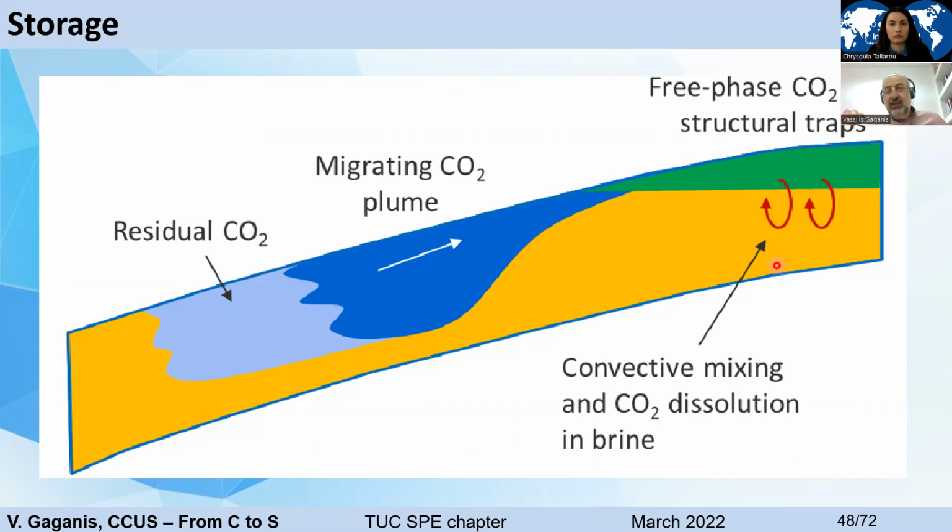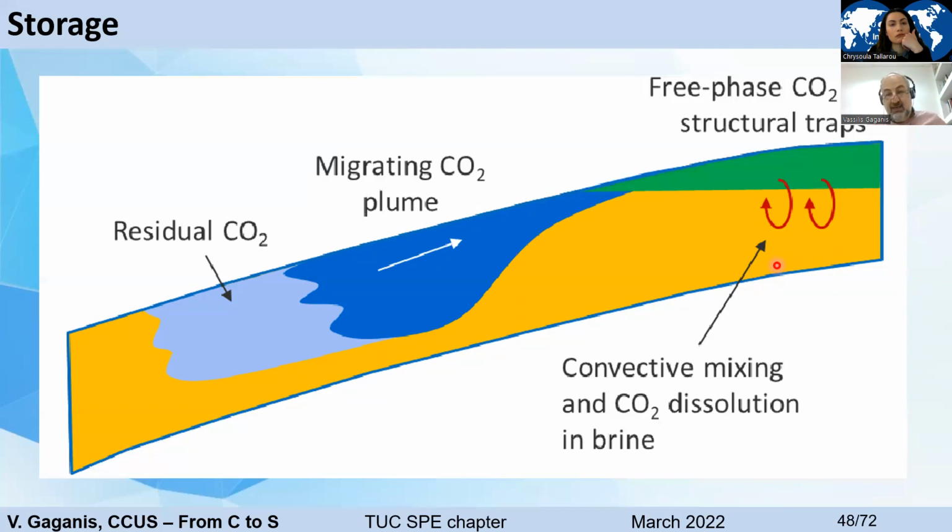So we would call it an automatic mechanism based on dissolution, of course, which is another good reason to store CO2 in saline aquifers. Basically, those are the three major mechanisms that are used to ensure storage of CO2.